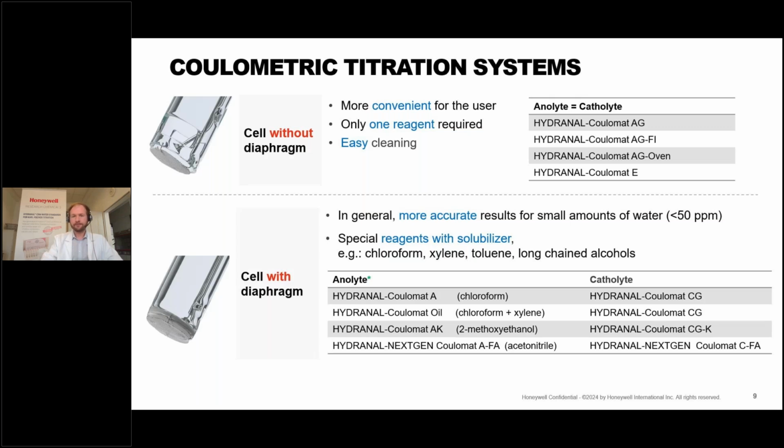However, you have to keep in mind that the titration results will be systematically increased by 3 to 8%, or in other words, instead of 1000 ppm, the result will be 1030 or up to 1080 ppm, somewhere in that range. This depends on the used reagent and the used titration equipment. So it is possible to use these reagents in a cell without diaphragm, but you have to keep in mind that the results will be increased.